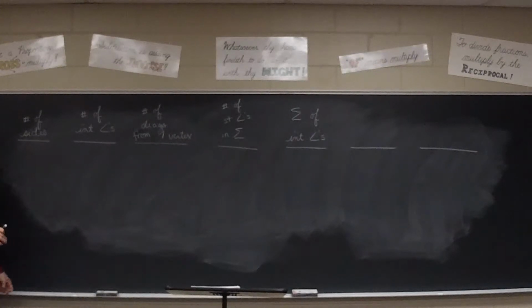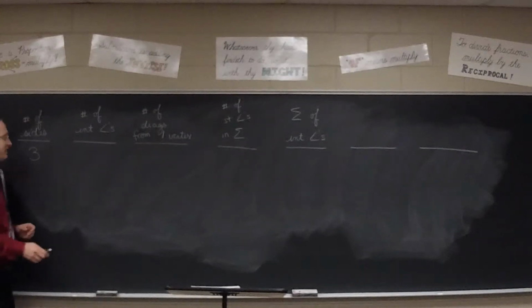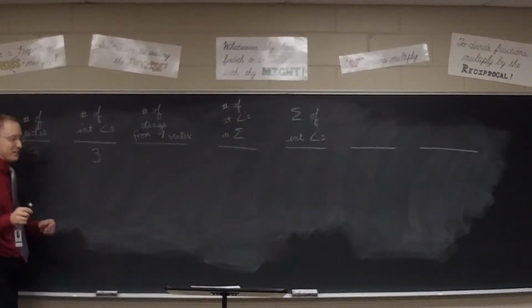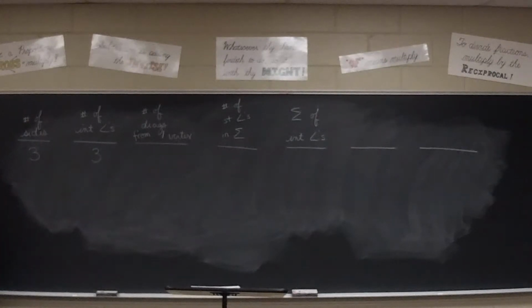And let's think about some things we've already observed, okay? We start with a triangle. 3 sides, correct? How many angles, class? 3. Very good. Okay, this is not a trick question. 3 sides, there are 3 angles. How many diagonals can we draw from a vertex in a triangle? 0.